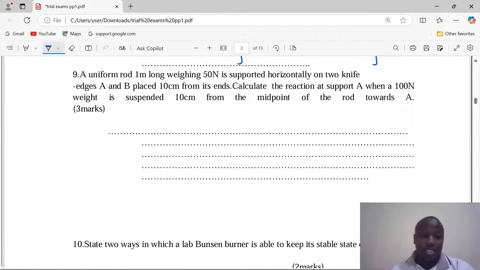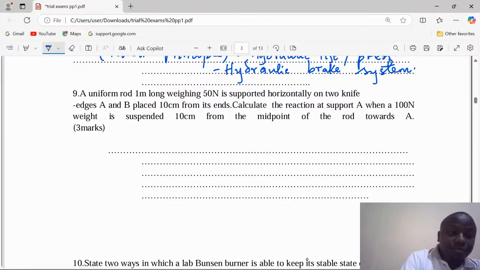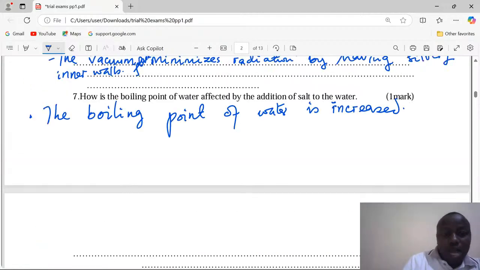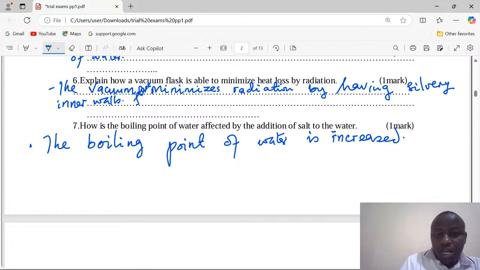Number 9, which is actually Form 2. We're talking about applications of the transmission of pressure. That's Form 1. Then up there about the boiling point of water, this one will be Form 3.